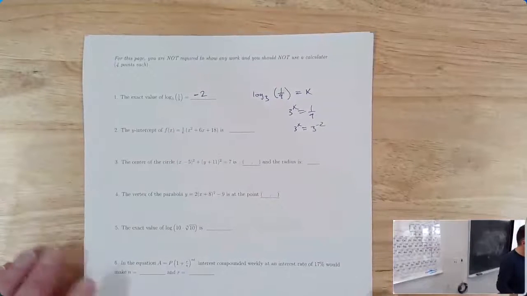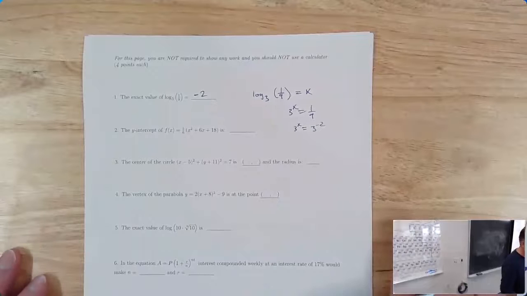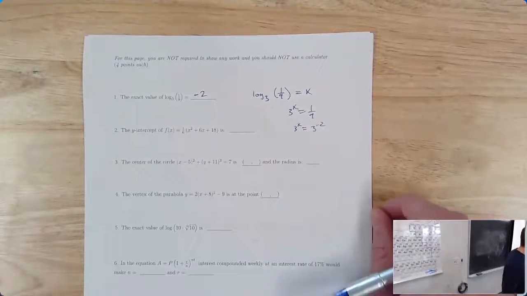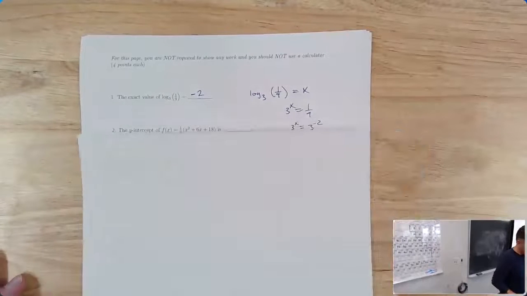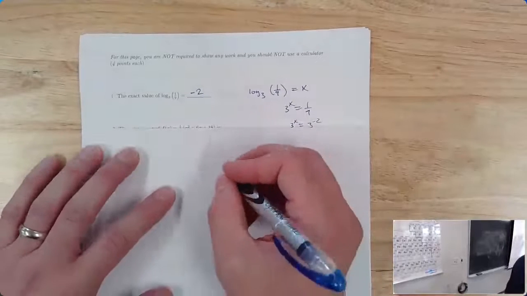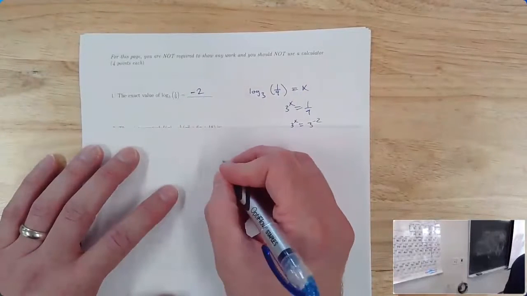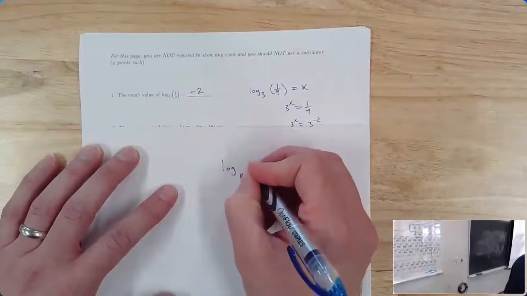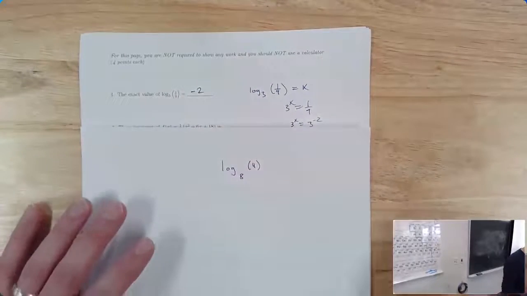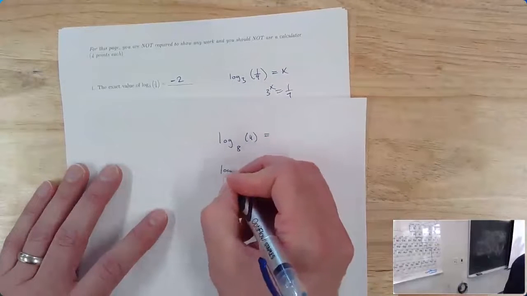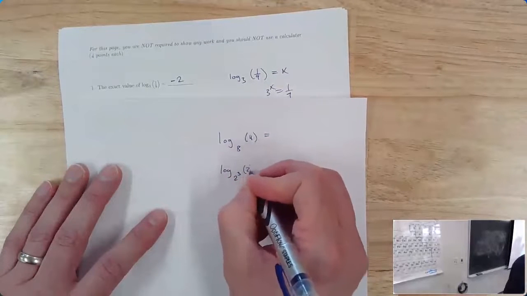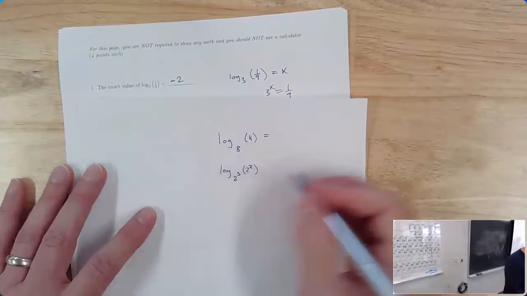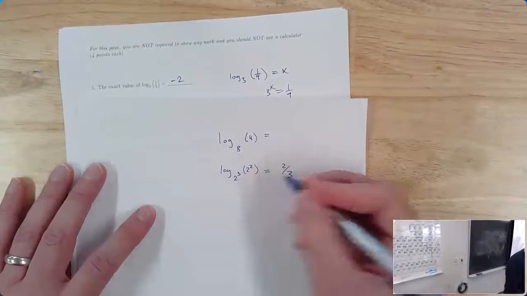I will point out I have a personal bias when it comes to logarithms. I'm trying to get over it, but I do have a bias, and I will fully admit I am very, very biased against this. If someone asks you to find log base 8 of say 4, and you write this, log base 2 cubed of 2 squared, and then say the 2's cancel and you get what, 2/3?